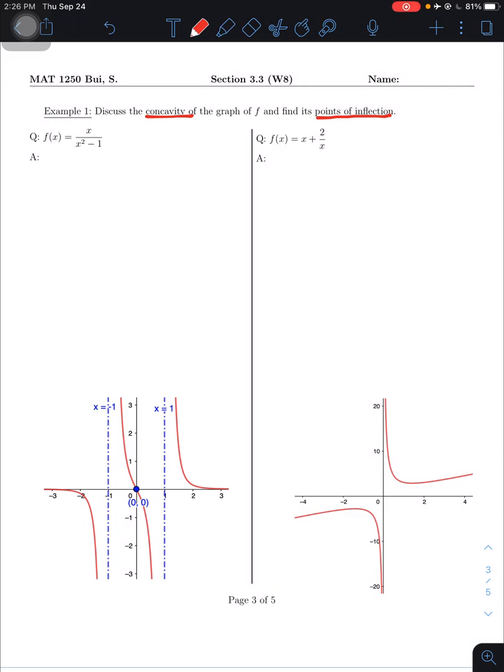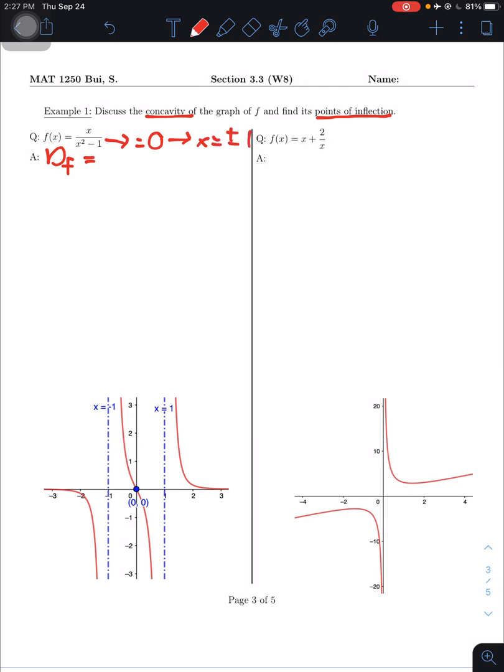Well, first things first, we're going to look for the domain in here, just to get rid of all the discontinuities. So the domain of f in here equals what? We have to set the bottom equal to 0 in here. And if you do it, you're going to get x equal to plus or minus 1, right? Why is that so?